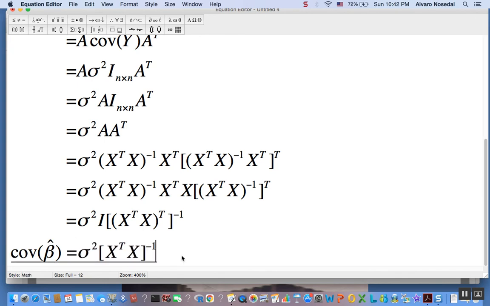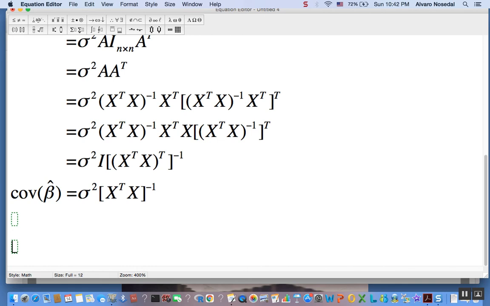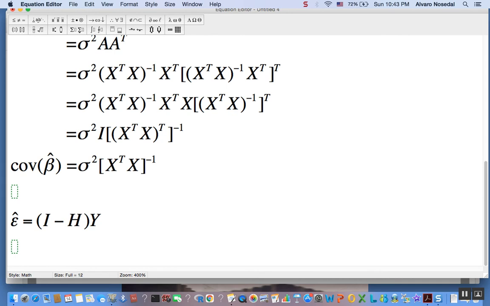Let's do something more. Let's take advantage of the result that we have shown, right? And let's find the covariance for epsilon hat. Okay, so epsilon hat, and remember that we could find the residuals using the H matrix, okay, like that.